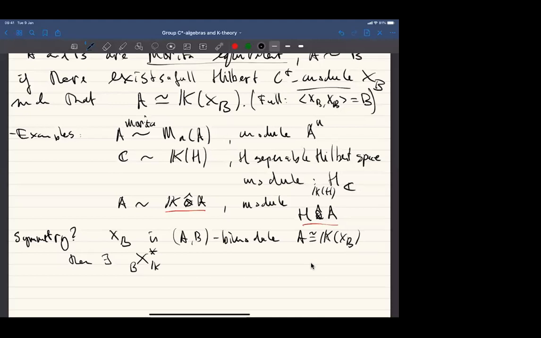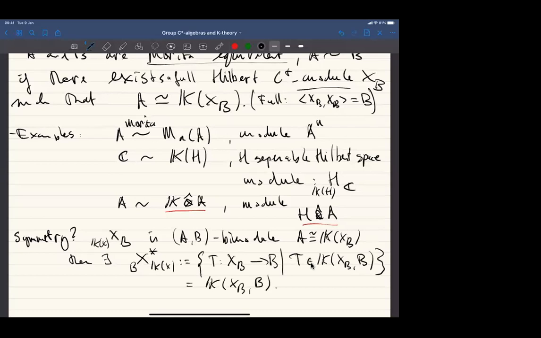So I'm going to write K of X here also, because K of X always acts on the left. And this module can be concretely defined; this set I'm defining here is just K of X_B to B.